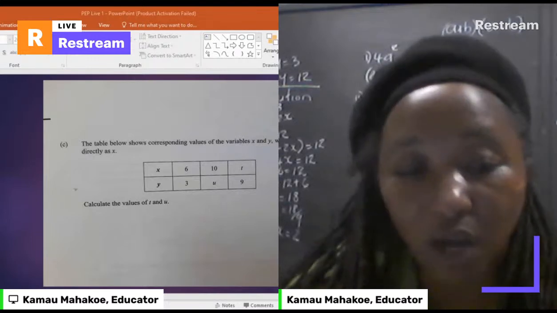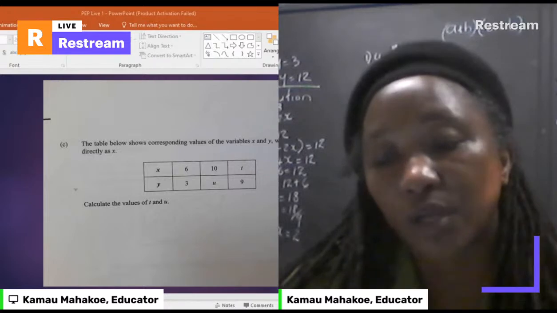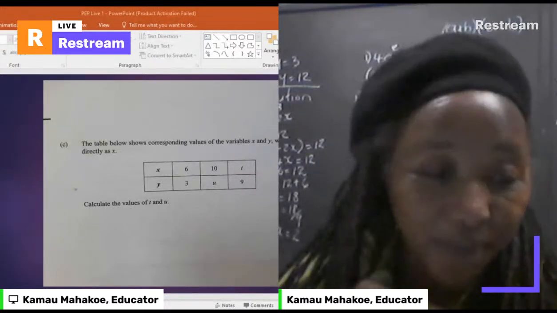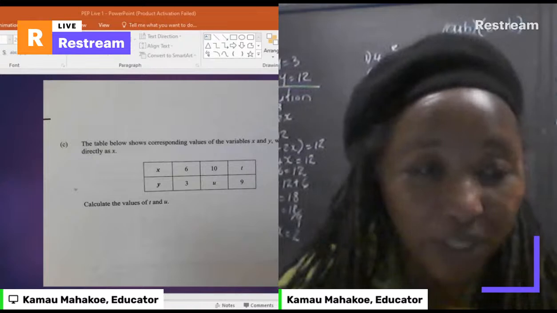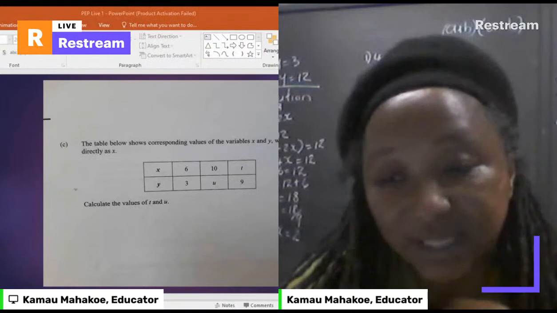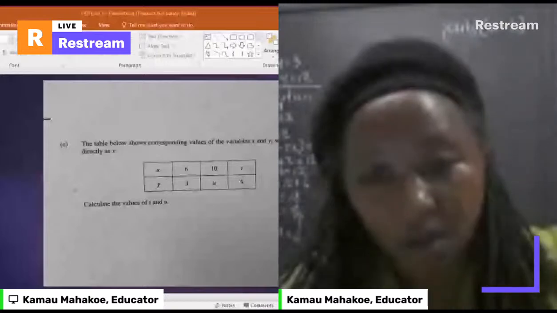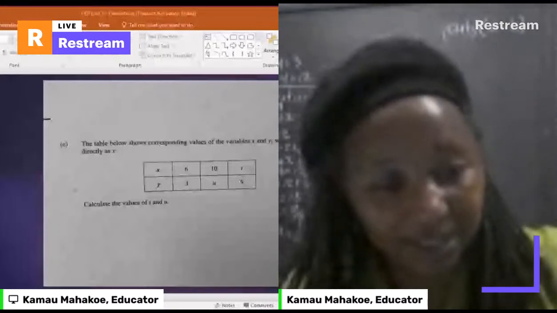It applies to all of them. So the first pair is 6, 3. We know that when x is 6, y is 3. Therefore, what are we doing to x to get y? If when x is 6, y is 3, what have we done to x to get y?